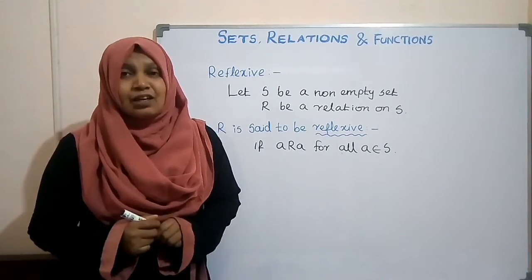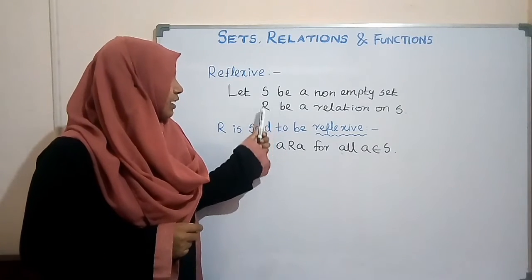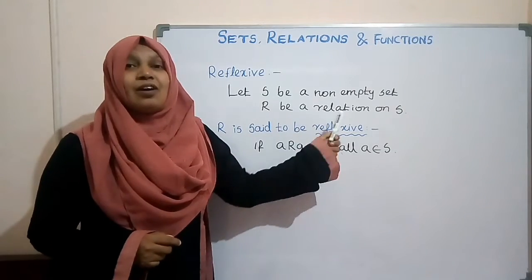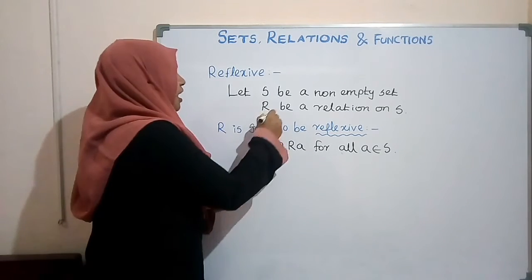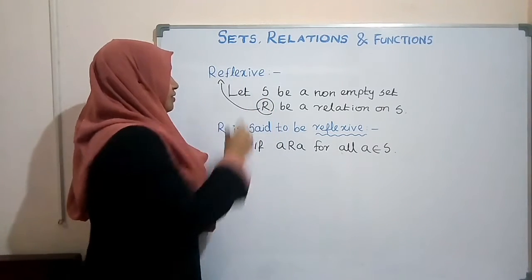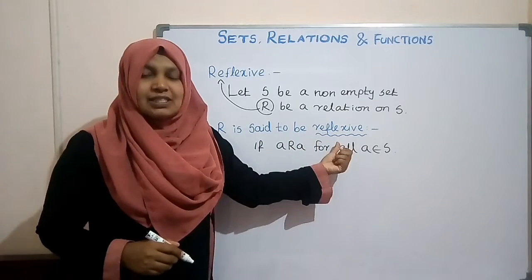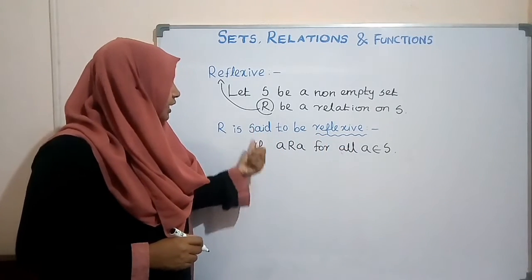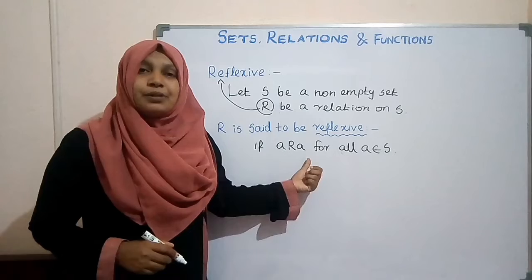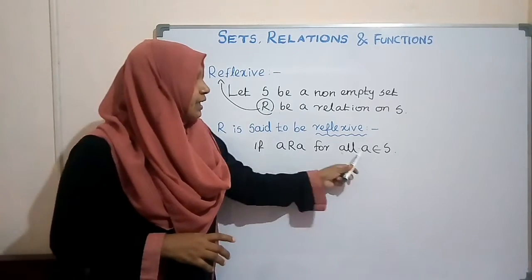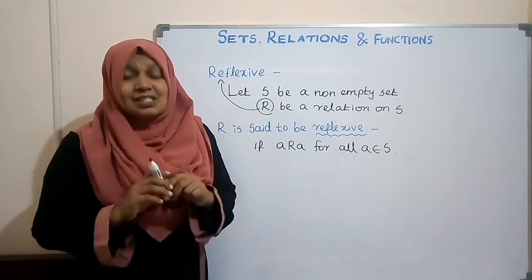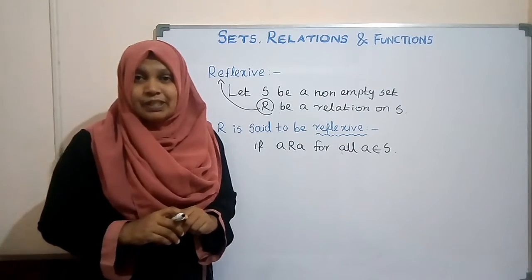Consider a non-empty set S and R be a relation on S, then we can say this R is reflexive. R is said to be reflexive only if A is related to A itself, for all A belongs to S. So this is the definition of the reflexive property.